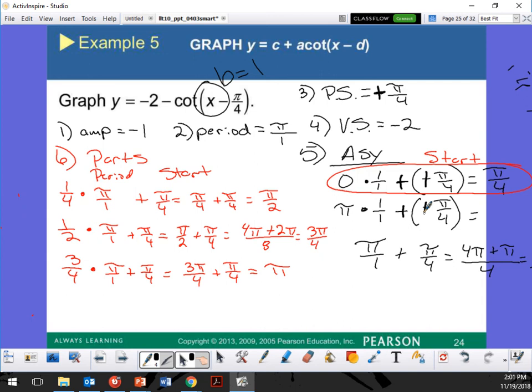So I had it all ready here. Did you change the phase shift to positive? No, it's plus. Because it's supposed to be positive right here. When I was doing it, I left it as a minus right here, so I changed it to plus. Everything here is correct.